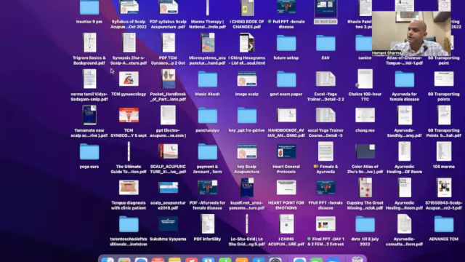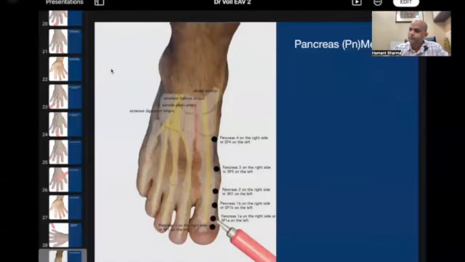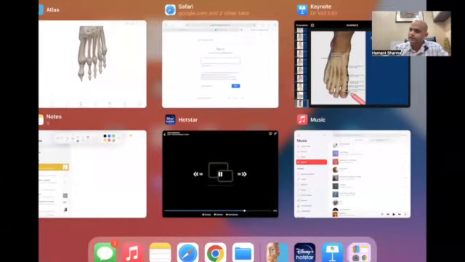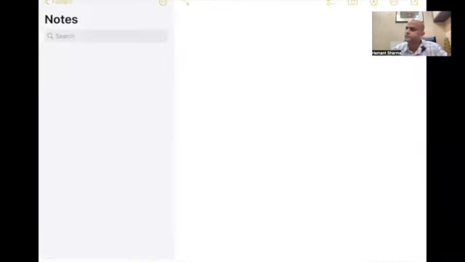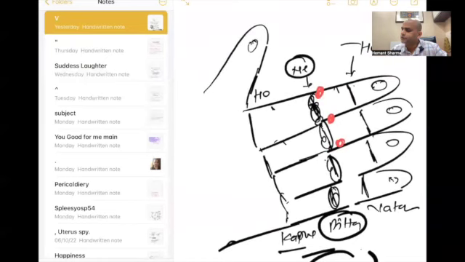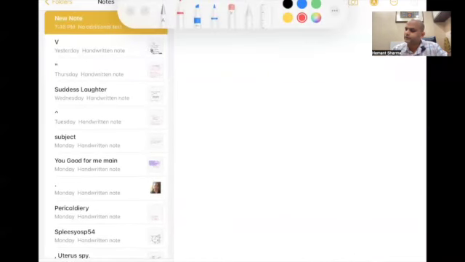The pancreas secretes three enzymes. What is the name? Anyone? The name of the enzymes is LAT. The pancreas secretes three enzymes. I'm writing the name of the enzymes: LAT.